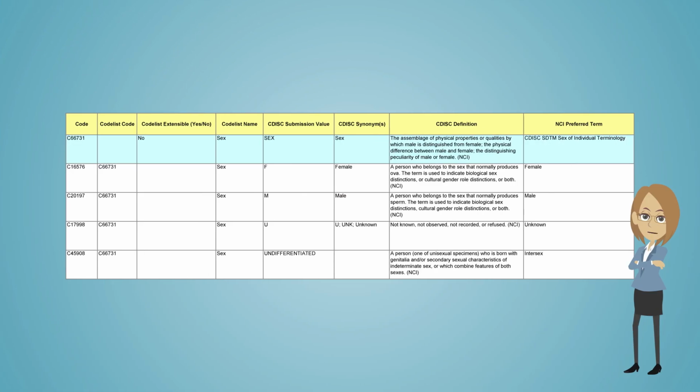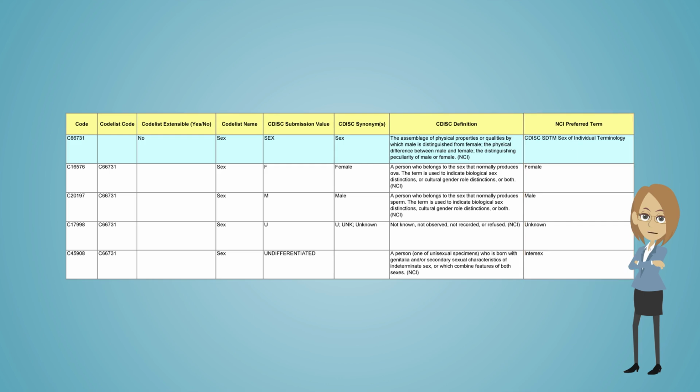For each controlled term, there are 8 pieces of associated information: code, code list code, whether or not the code list is extensible, code list name, CDISC submission value, which are the allowable values for data submission for the variables that are associated with that code list, CDISC synonym, CDISC definition, and the NCI preferred term.